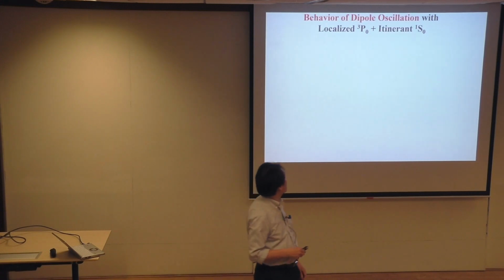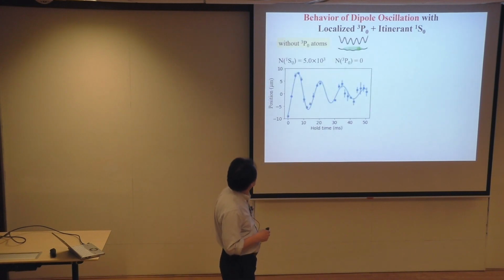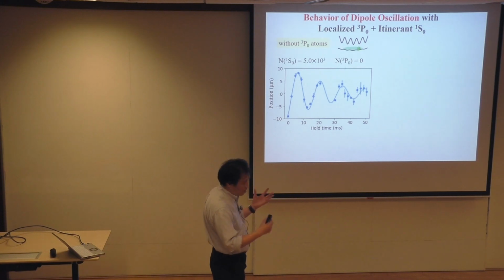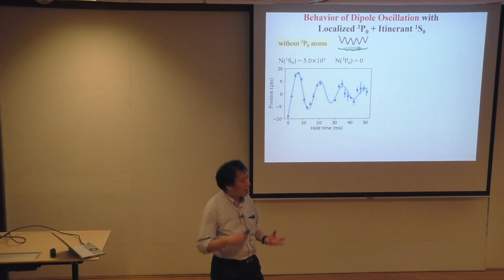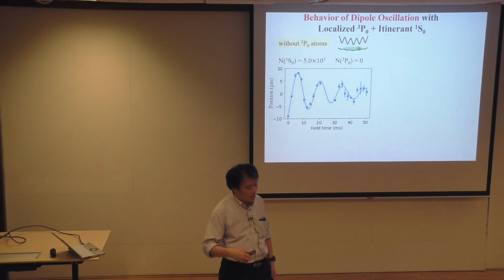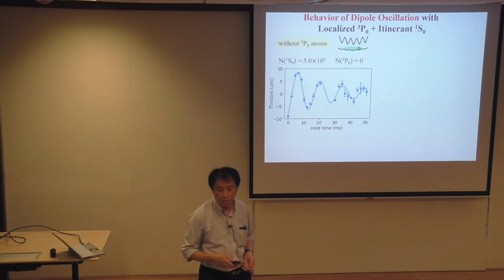The first is the measurement of the dipole oscillation. In the absence of the triplet P0 atoms, we clearly observe the dipole oscillation for the atoms in the ground state singlet S0, and the oscillation frequency is consistent with the trapping frequency along the 1D tube.